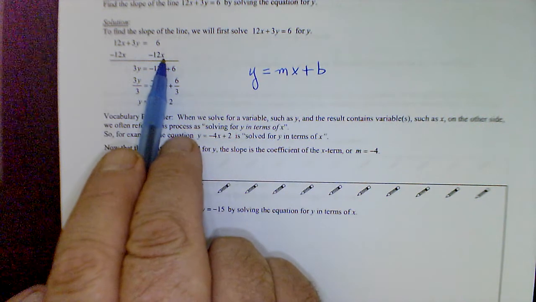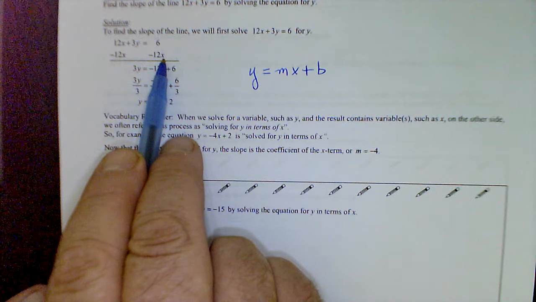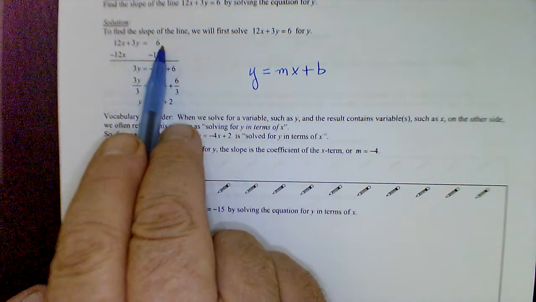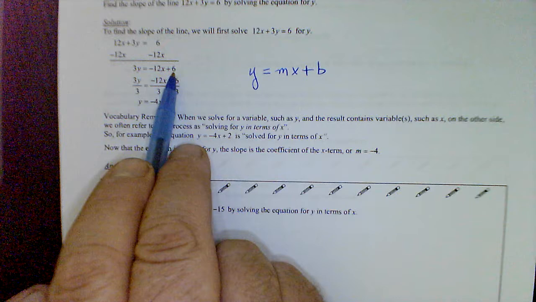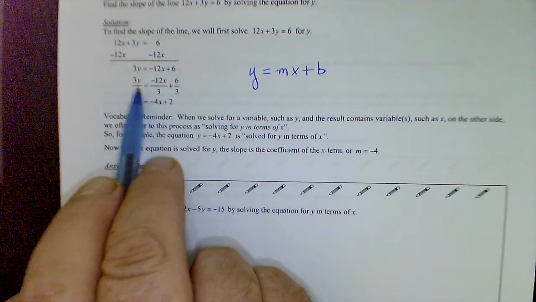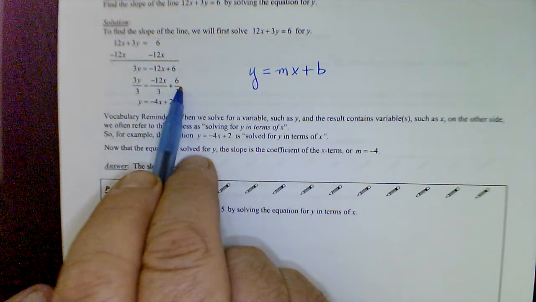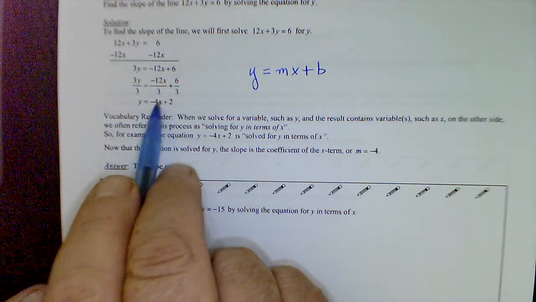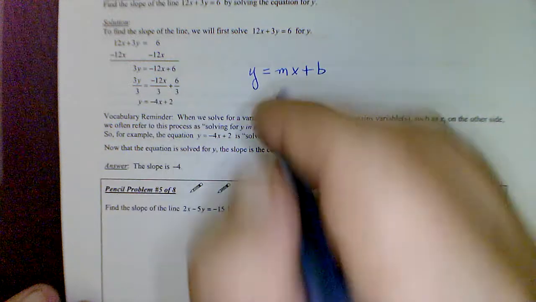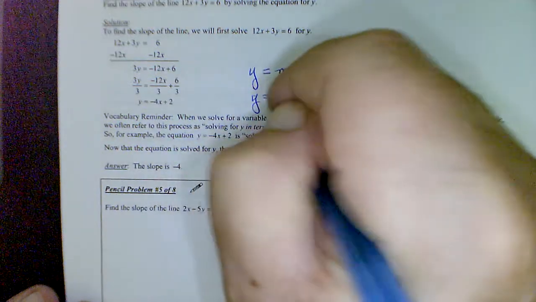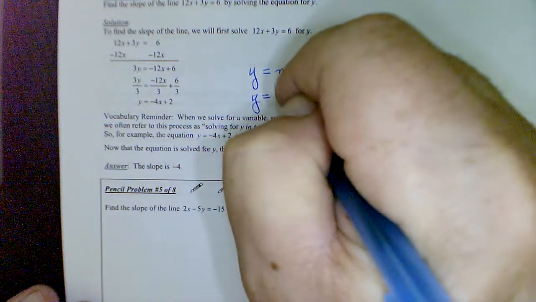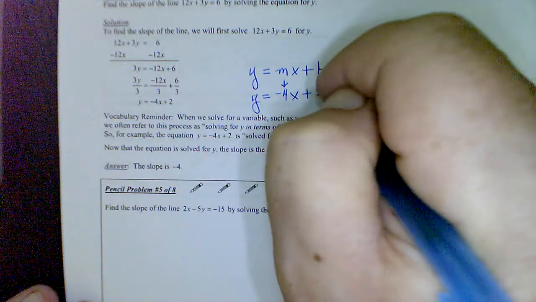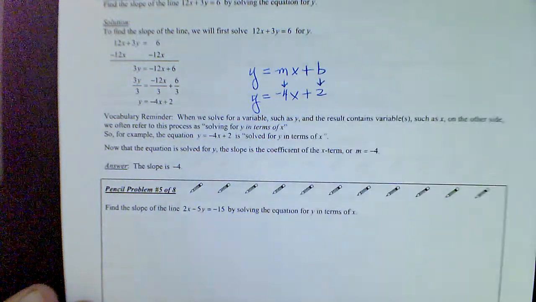But we cannot combine the variable x and the number 6. So these are two separate terms. Then finally, to solve for y, we're going to divide by 3. So everything gets divided by 3. And now we obtain the form. And so if our form is negative 4x plus 2, then you can see that the slope is negative 4 and the y-intercept b is 2.